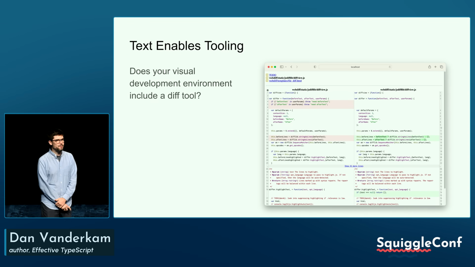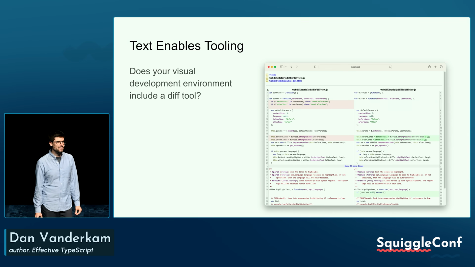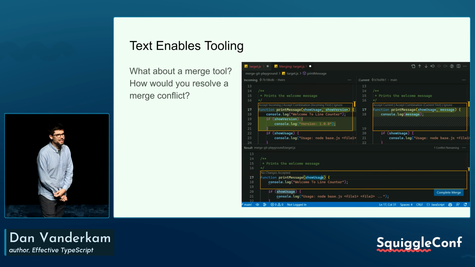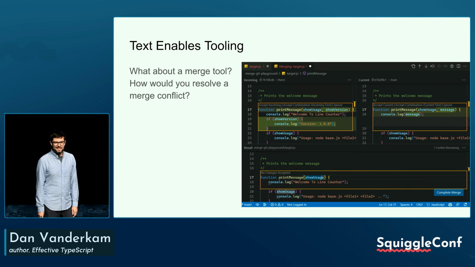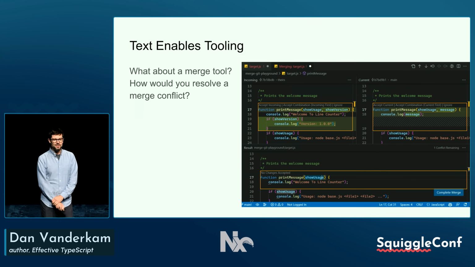But if you use some sort of binary format, then you're probably going to be dependent on the vendor who produces that environment to provide their own diff tool, which they may or may not do, and you're probably stuck with that one. Whereas with text, we have all the great tools we know already. Merge conflicts, right? How would you resolve a merge conflict in a HyperCard stack? I don't know. Merge conflicts aren't super fun to resolve, but at least we have tools to help us do that with text.